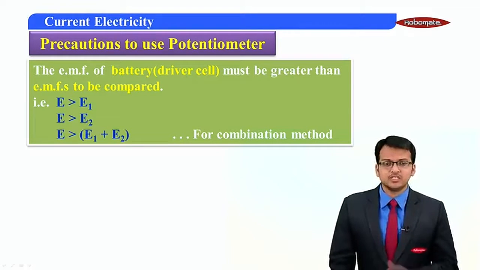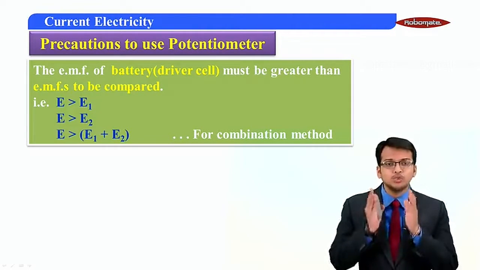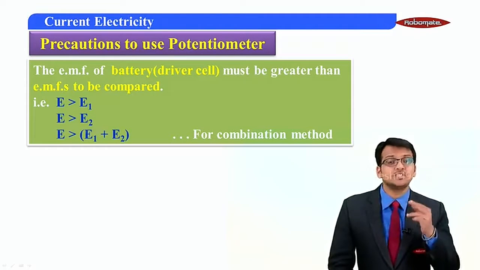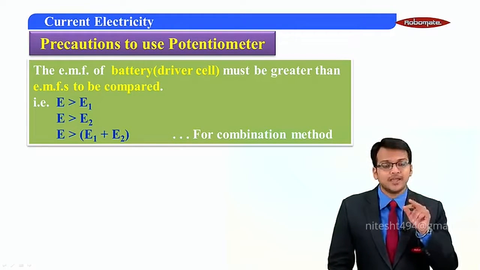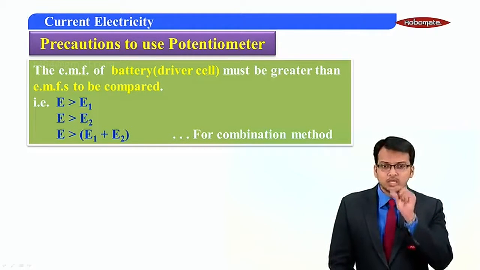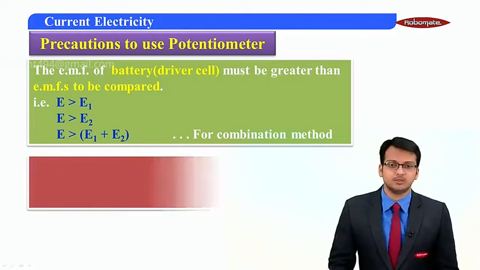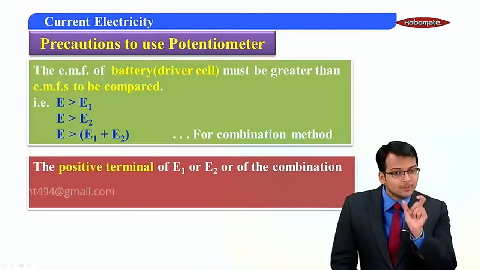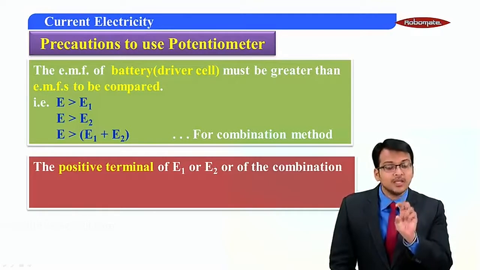So this is the first thing you are supposed to remember. Always choose the driver cell to be greater than the EMFs being compared, and for the combination method, E should be greater than E1 plus E2.